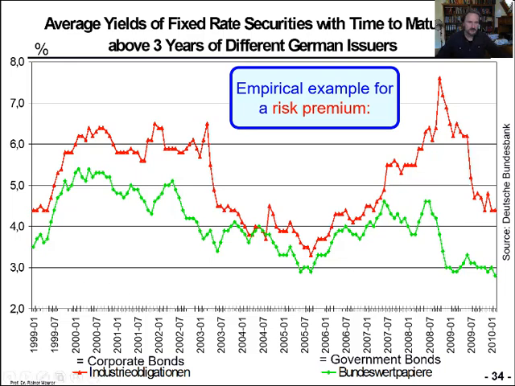For example, this diagram compares the yearly returns of German government bonds, the green line, with the yearly returns on German corporate bonds, the red line, over the years 1999 to 2010.